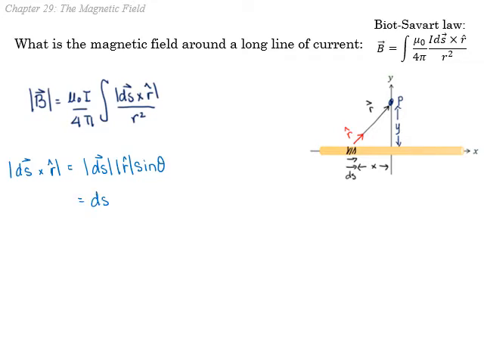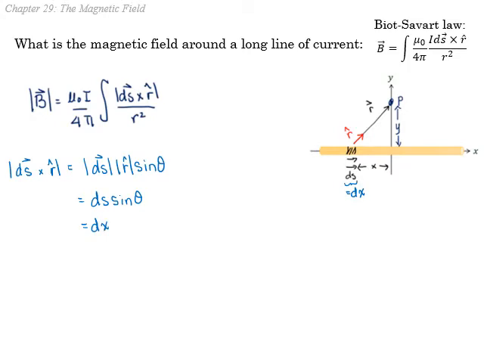Remember that the magnitude of a unit vector is just 1. That leaves us with ds times sine theta. So now we have to sort out what we mean by ds and what we mean by sine theta. ds is our length element. It's a little bit in the horizontal direction. So ds is equal to dx because it's a small bit in the horizontal.